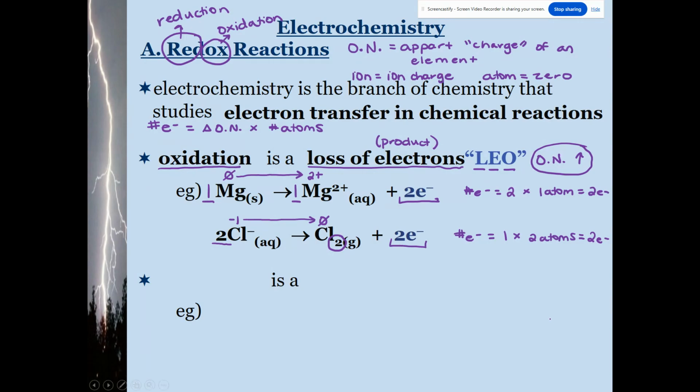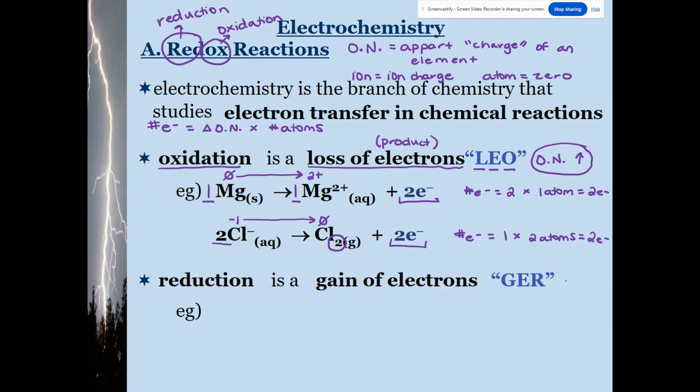Okay? Now let's look at the other half reaction that takes place in a net ionic equation called reduction. Reduction is the gain of electrons. So my saying, Leo the lion says grr, that's where the grr comes in. Gain of electrons is reduction.